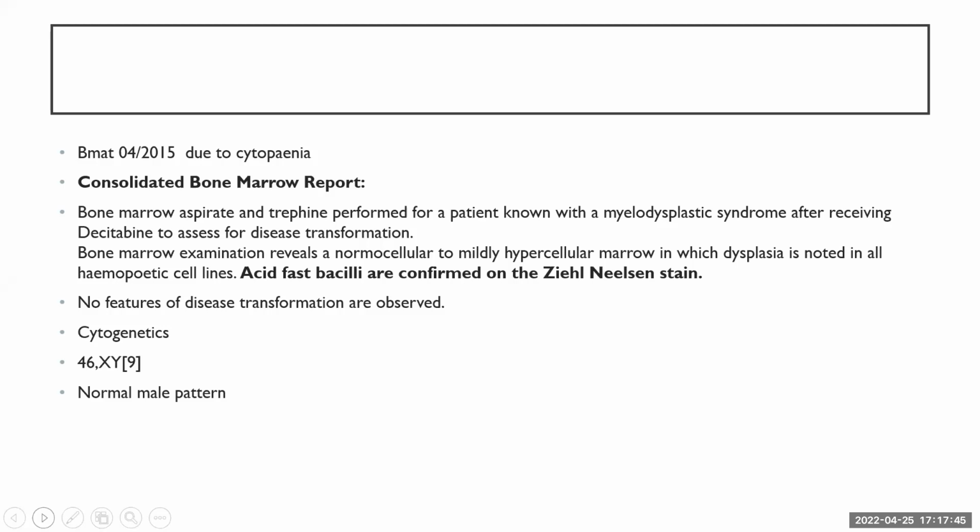Acid-fast bacilli were confirmed on the Ziehl-Neelsen stain. However, still no increase in blasts. He wasn't in transformation, and also he had a normal male pattern. So at this point, his decitabine was stopped. This was due to the TB, and also he had low performance status. Next slide, please.